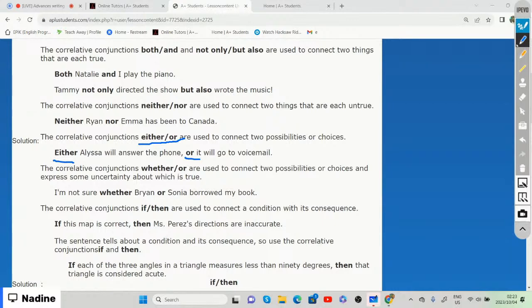Whether or. The correlative conjunctions whether, or, are used to connect two possibilities or choices, and it expresses some uncertainty about which is true.